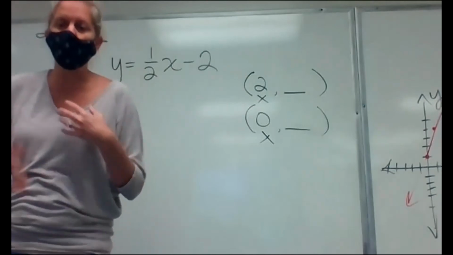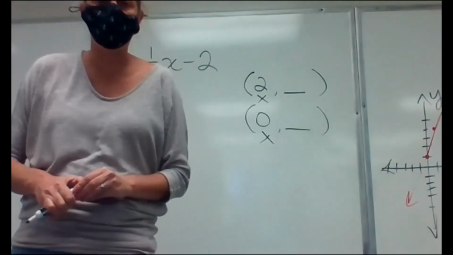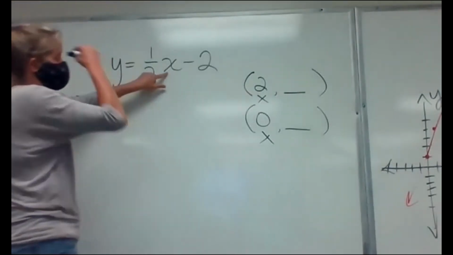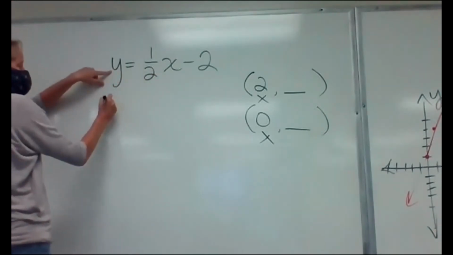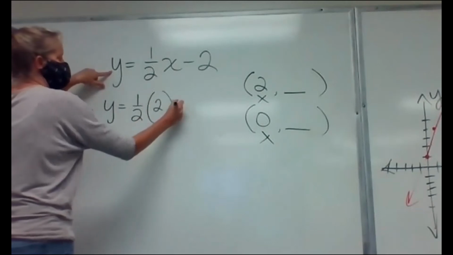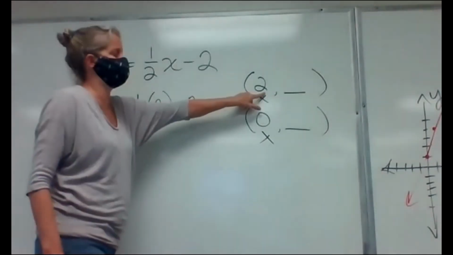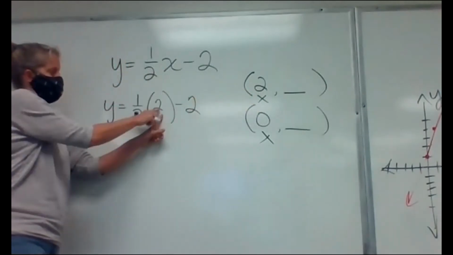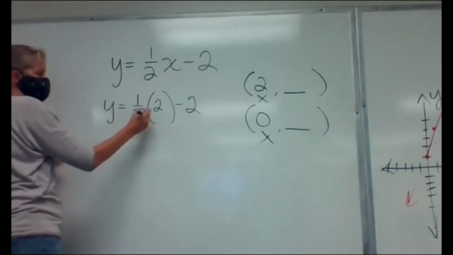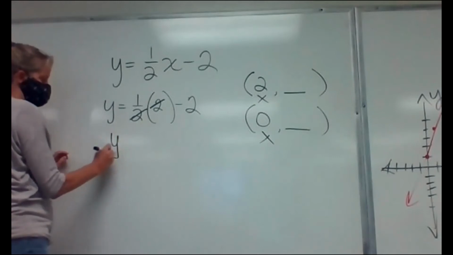So I'm going to write it out, but then I'm going to show you how you can even use your calculator on this one. So let's see, if I use the x to be 2, I would have y equals 1/2 times 2 minus 2, right? I just put the x that it wants x to be in for the x. Now, even though it's a fraction, this 2 just cancels that one.